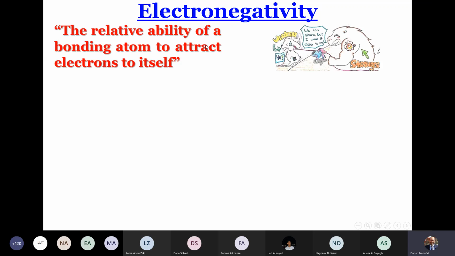So what is the definition of the electronegativity? The electronegativity of an element is its capacity or its ability to attract electrons to itself in a bond.